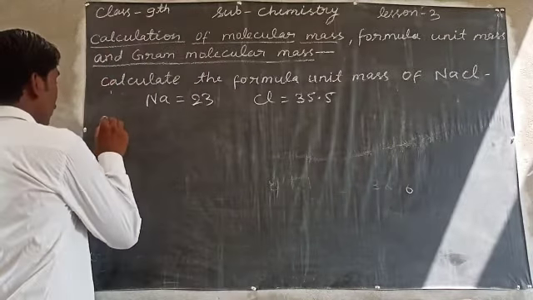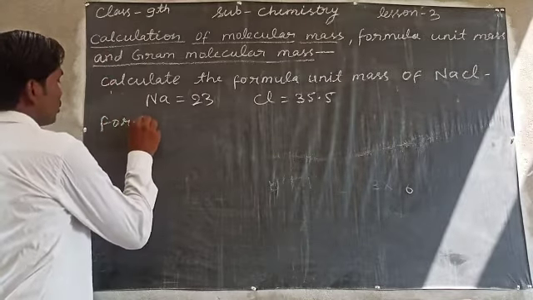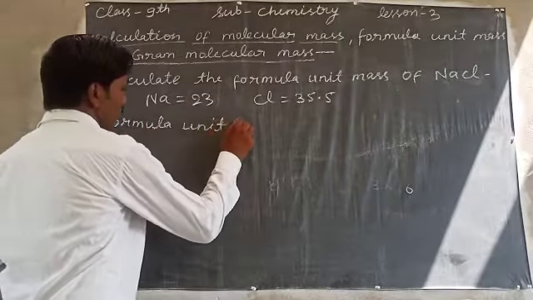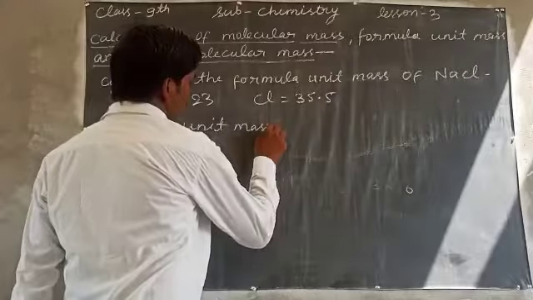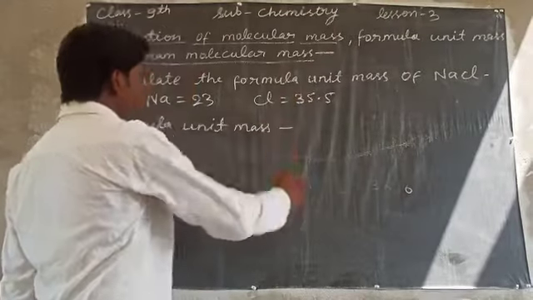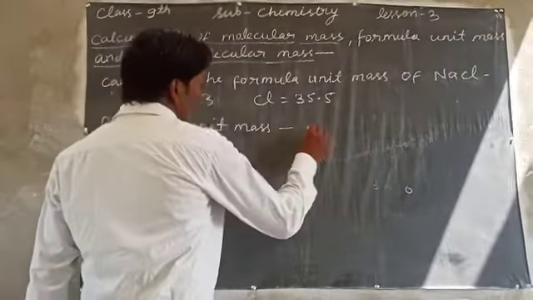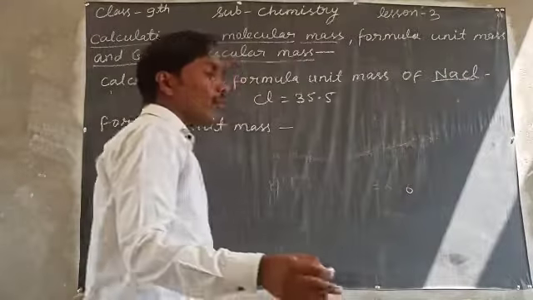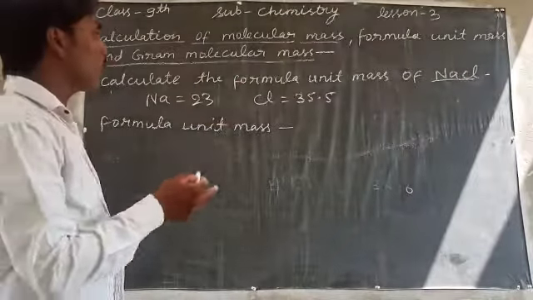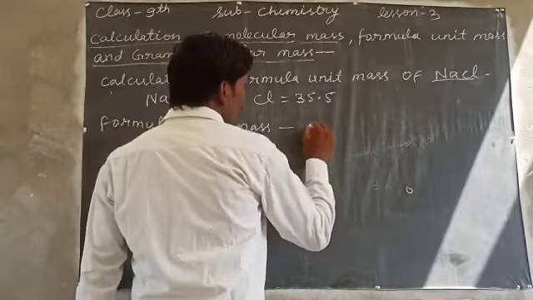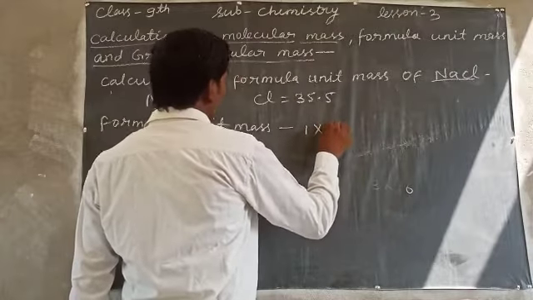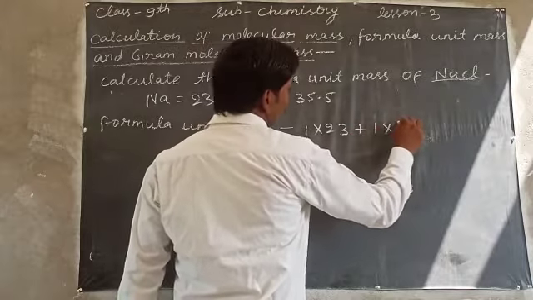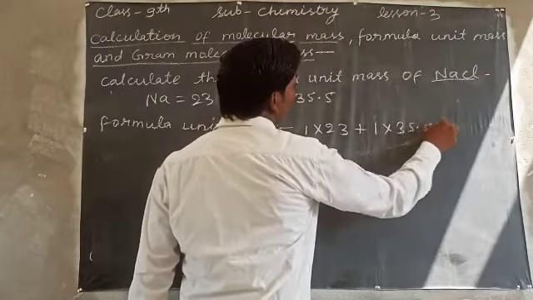So formula unit mass. Here you can see that sodium is one atom and chlorine is also one atom. So sodium 1 into 23 plus 1 into 35.5.